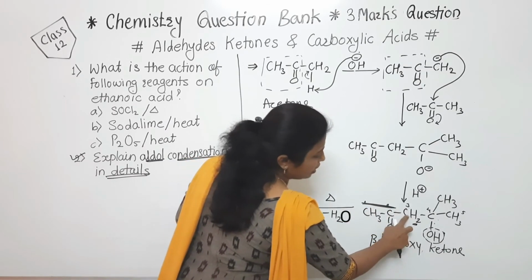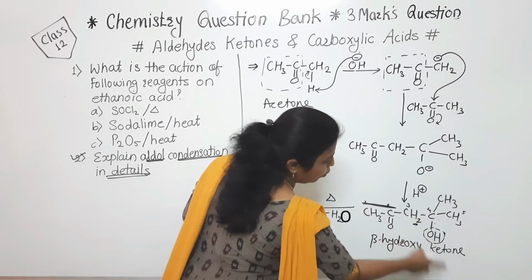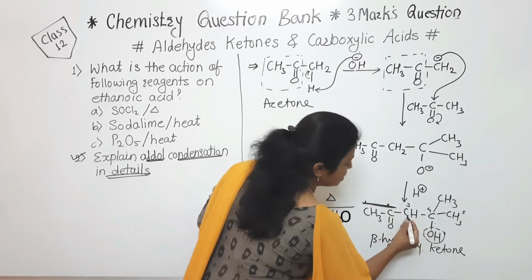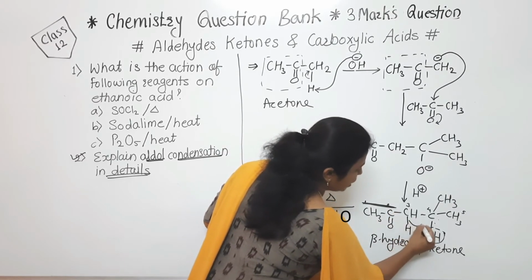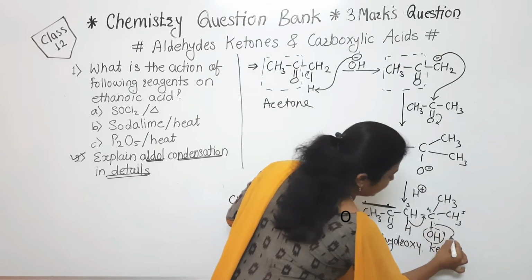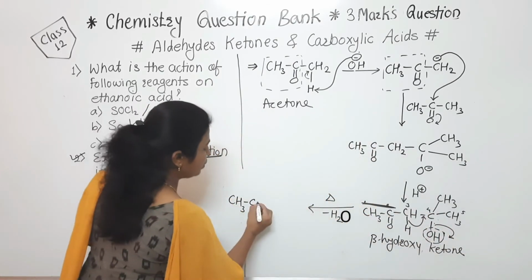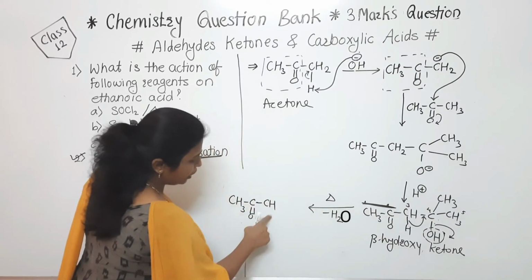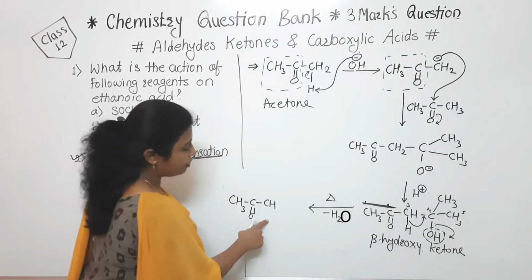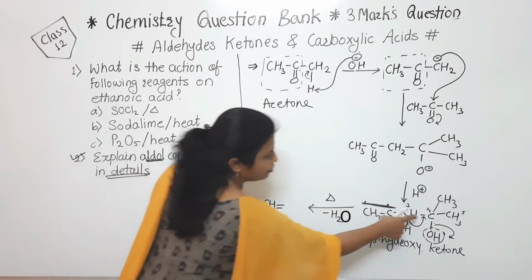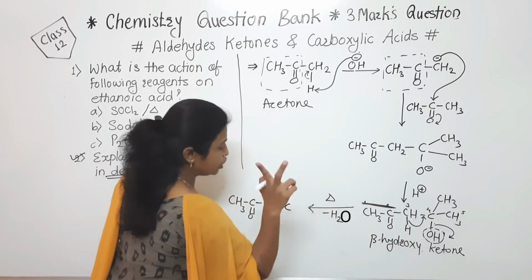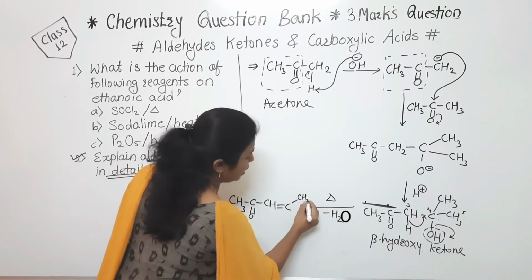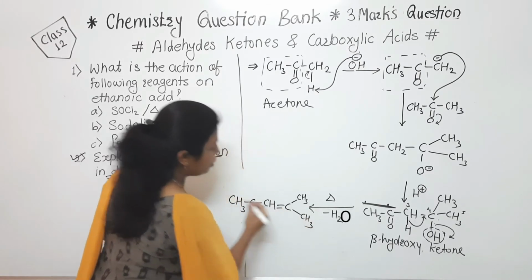Next one, here hydrogen will get removed and OH also gets removed. See, this H will be shifted and that OH will come out. So what will happen? CH, the third carbon, one hydrogen of this carbon only is removed, double bond, after that C, to which two CH3 groups are attached, and this is the product.